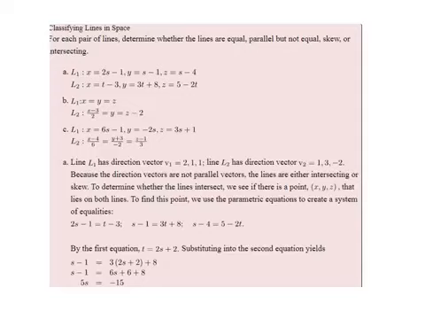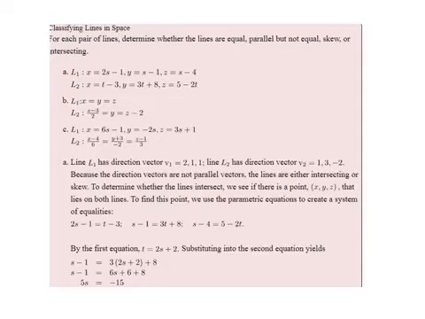Similarly, L2 has the symmetric equation x plus 3 equals (y minus 8) over 3 equals (z minus 5) over minus 2, which equals t. So it has direction vector (1, 3, minus 2). Because the direction vectors are not parallel, the lines are either intersecting or skew.